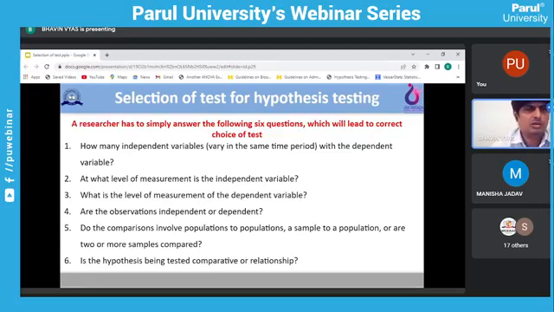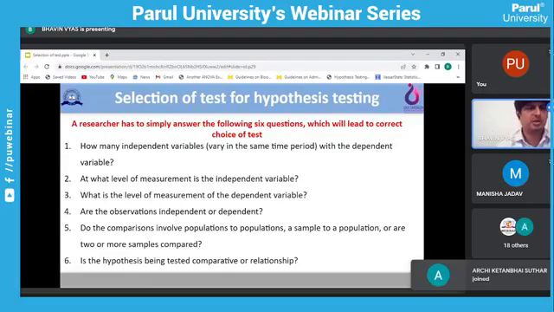What level of measurement is the dependent variable? You are measuring the dependent variable in the form of nominal data, ordinal data, interval data, or ratio data. So in what form are we measuring? Because if it changes, the statistical test will change. Are the observations dependent or independent? Depending on that, is the comparison population to population, sample to population, or are two or more samples compared?